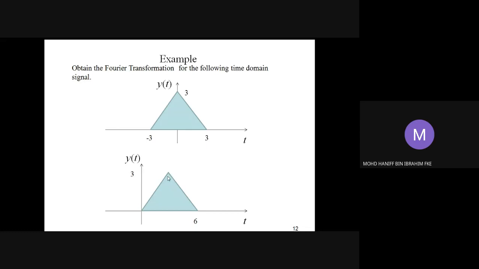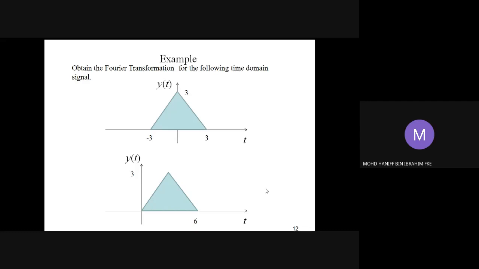The second example has an amplitude of 3, but basically the signal has been shifted to the right, which I can say is basically shifting from the above equation, by 3 units to the right.